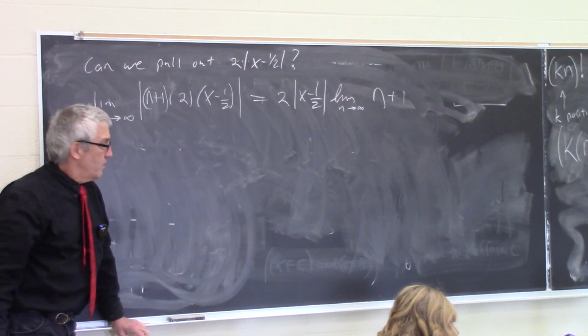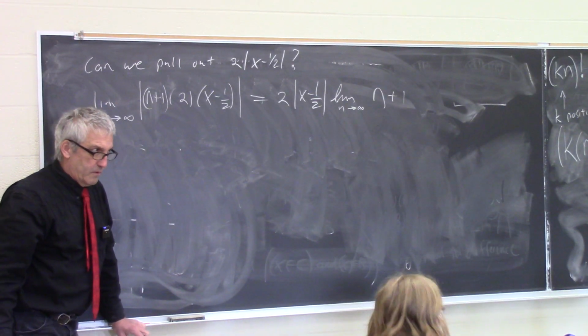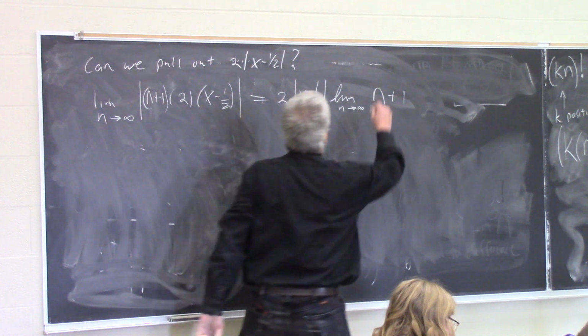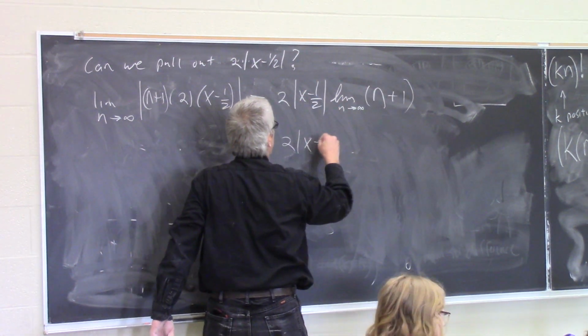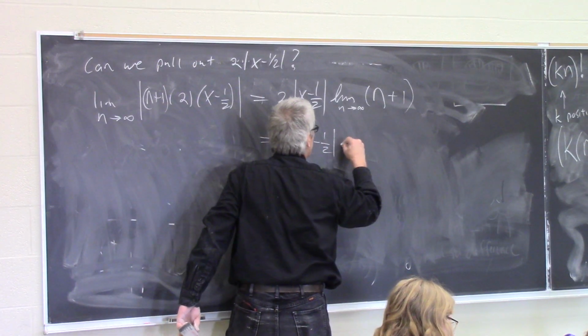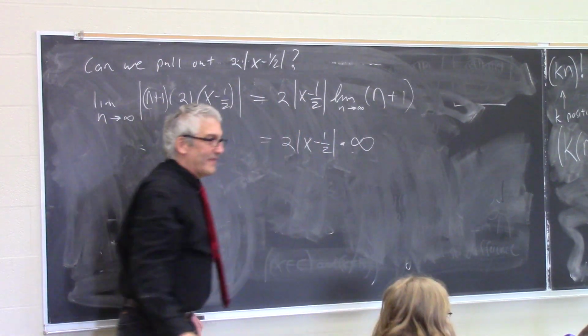What's that limit? Yeah, this limit is infinity. So x minus 1/2 times infinity. Now what's that?